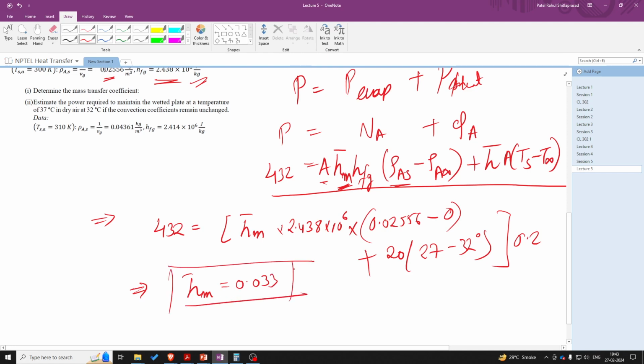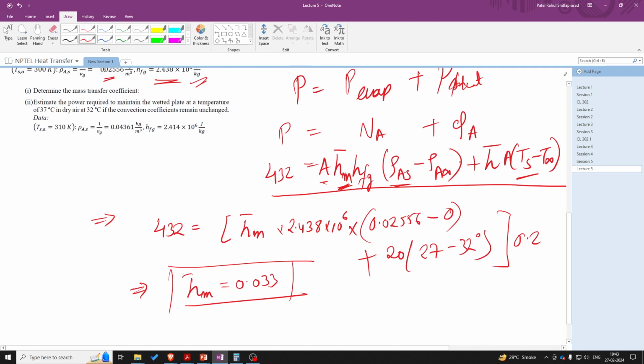Now in the second question, what we have been given is that the wetted plate is maintained at a temperature of 37 degrees Celsius. So here this T_s will become 37 degrees Celsius. The convection coefficients, that is h-bar_m and h-bar, remain the same.